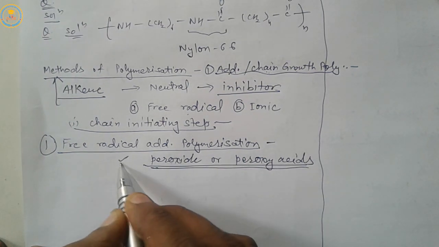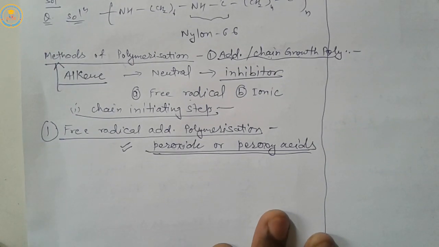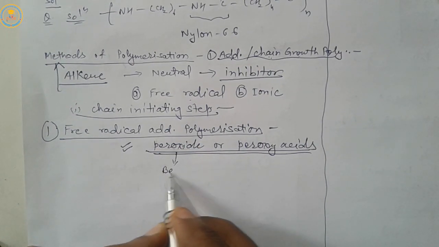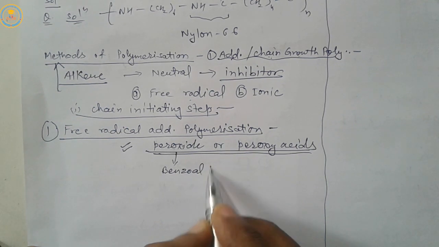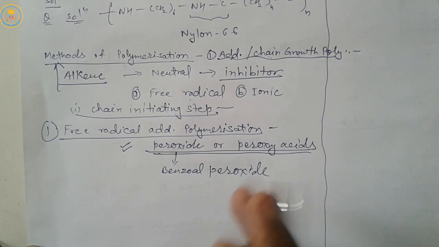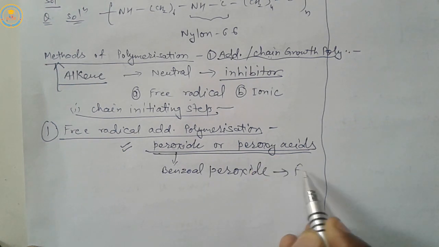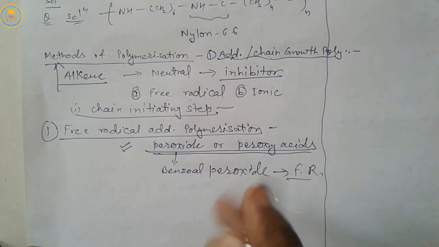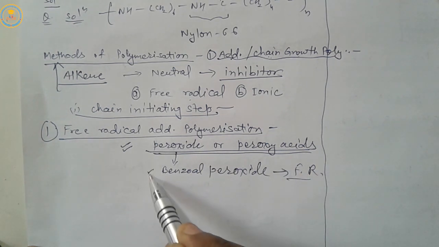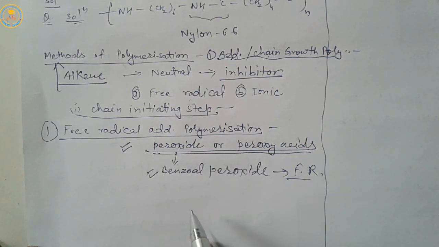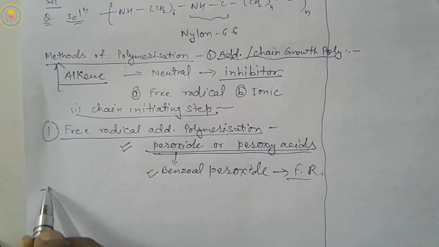Very important for your competition paper also. These peroxides, like benzoyl peroxide, generate a free radical initiator and thus act as a catalyst. For example, formation of polythene from ethene. Very, very important.